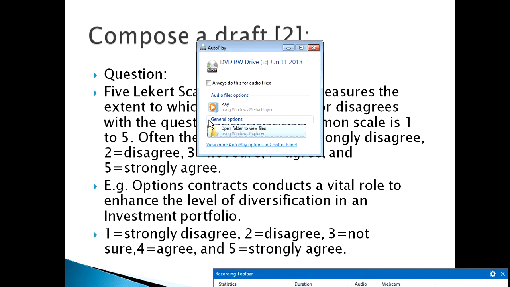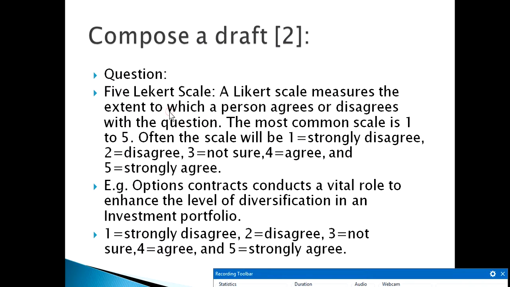And the most commonly used format in questionnaires is the 5-point Likert scale. This scale measures the extent to which a person agrees or disagrees with the questions, and the most common scale starts from 1 to 5.